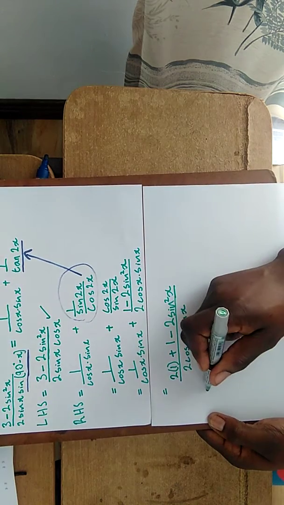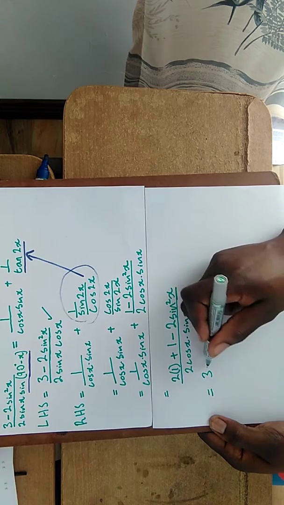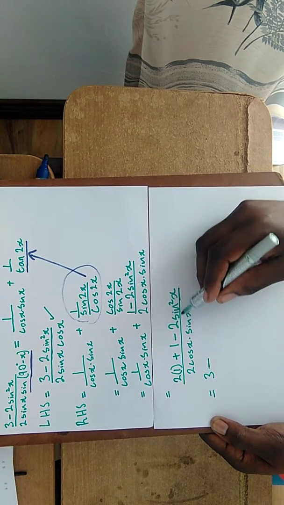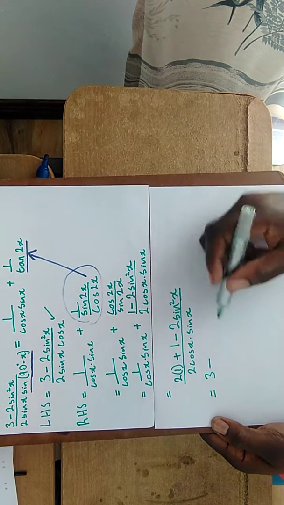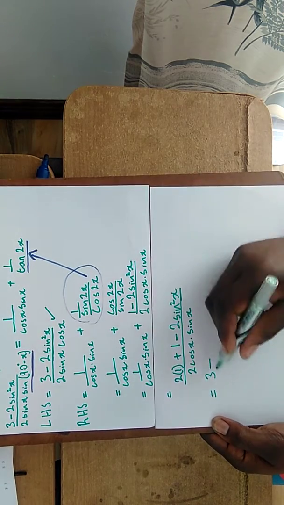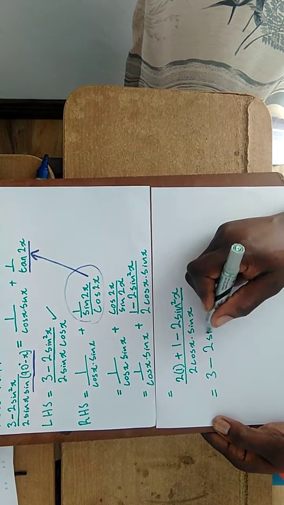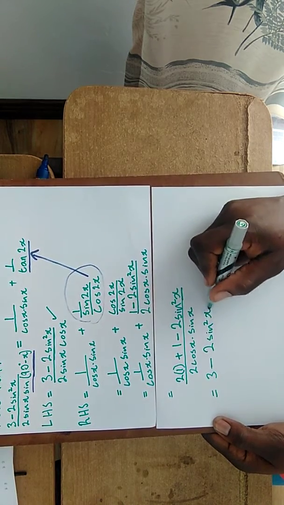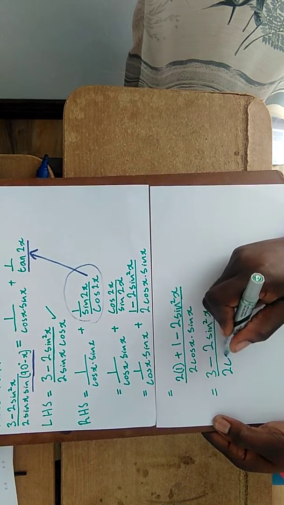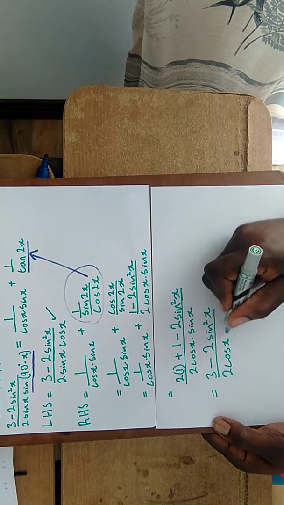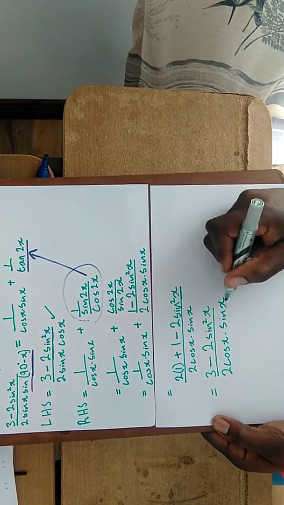So we're going to have 3, 2 plus 1 is 3, minus, we can't add 2 and 3 because this is one thing, it's 2 times. So if it multiplies, it's one thing. So it's going to be 2 sine squared x over 2 cos x times sine x.